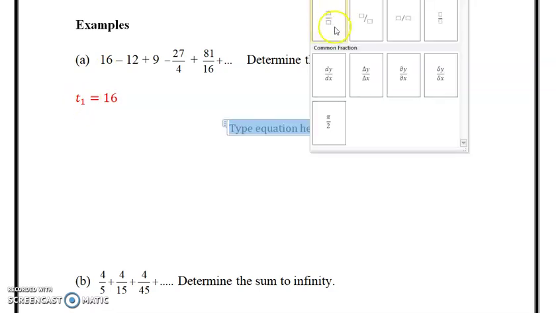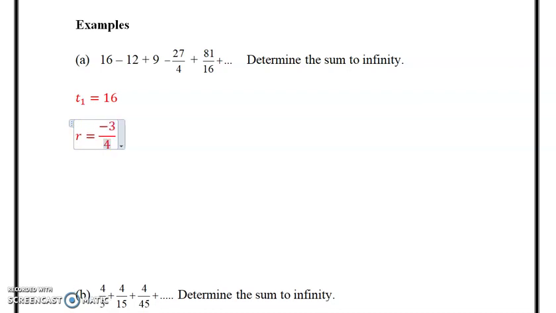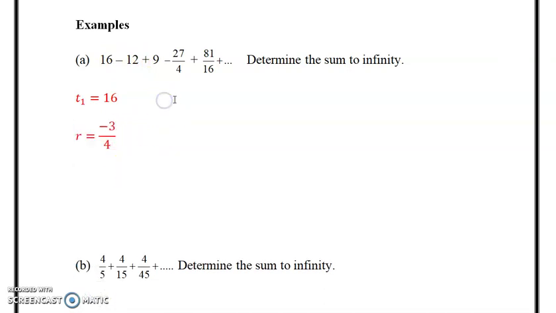And we have R equal to negative 12 divided by 16, which can be simplified to negative 3/4, right? So it's 9 divided by negative 12 or negative 12 divided by 16. Either way, your common ratio is going to be negative 3/4.